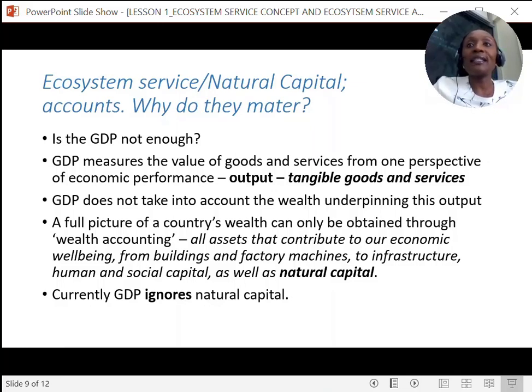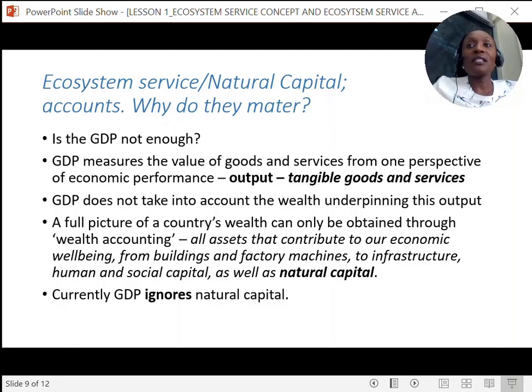A common understanding is that GDP is enough to describe a country's economic well-being. But the truth of the matter is that GDP only measures the value of goods and services from one perspective of economic performance. And these are normally the outputs which are defined by things that we can see and touch.